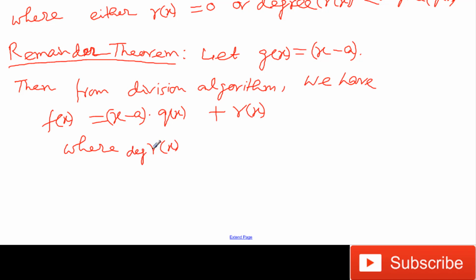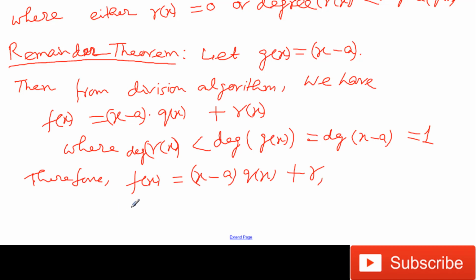Remainder theorem. Let g(x) be equal to x minus a, a polynomial of degree 1. Then from the division algorithm we have f(x) equal to (x minus a) into q(x) plus r(x), where degree of r(x) is less than degree of g(x), which is equal to 1.